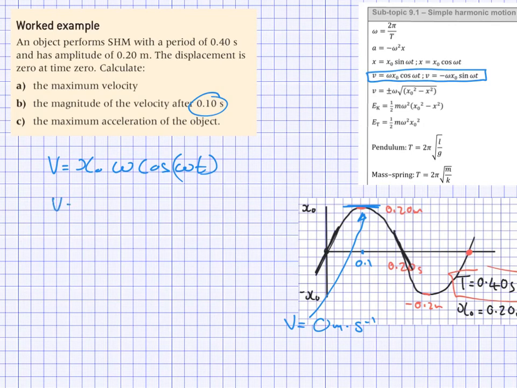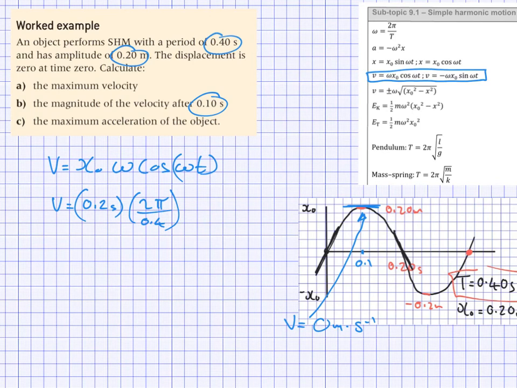So the velocity would be x naught, which is 0.2, that's coming from the question right here. Omega is 2 pi over the period, so 2 pi, and the period is also given in the question, 0.4.